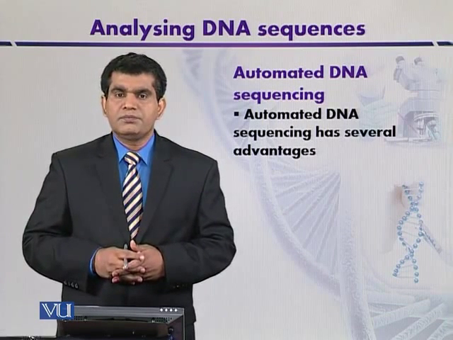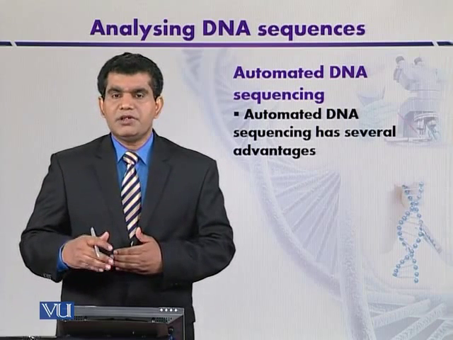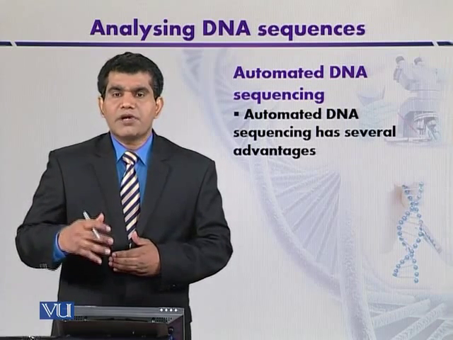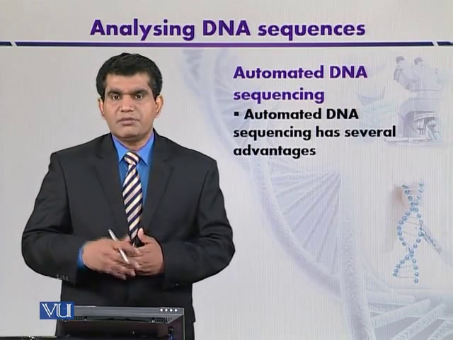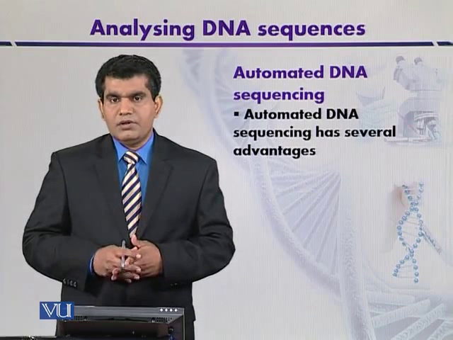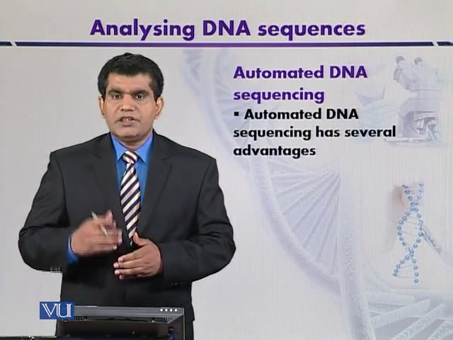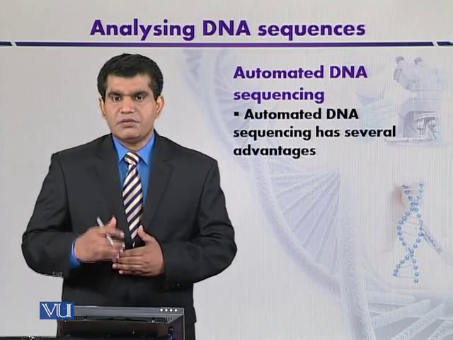So here one can face the problem that the sequence may be read incorrectly. So this is one of the disadvantages of manual sequencing, but in case of automated sequencing it is not a problem because there is a machine or detector that can read the sequencing.